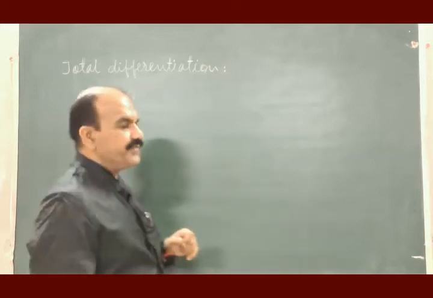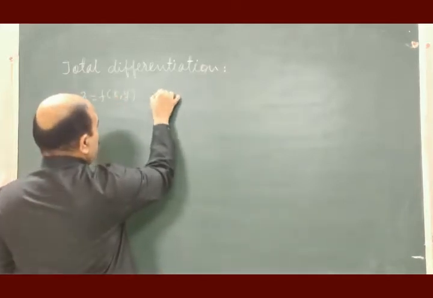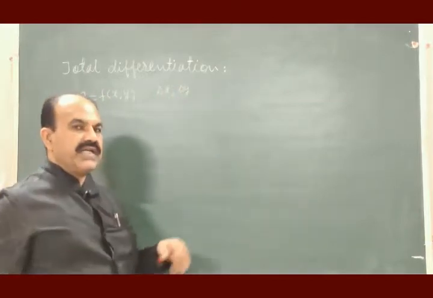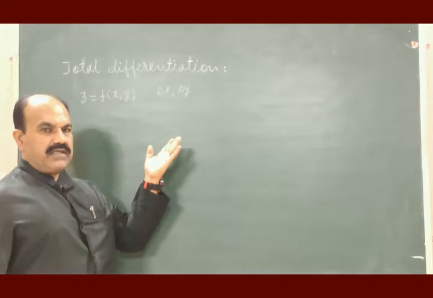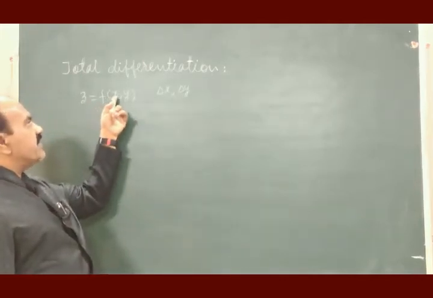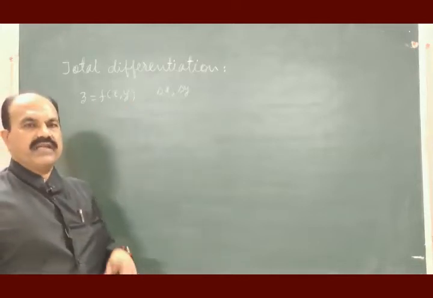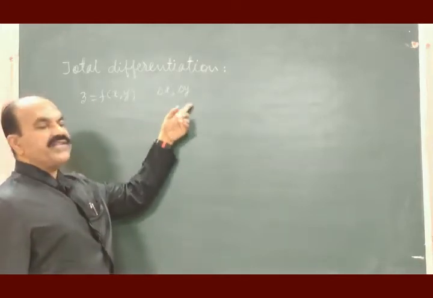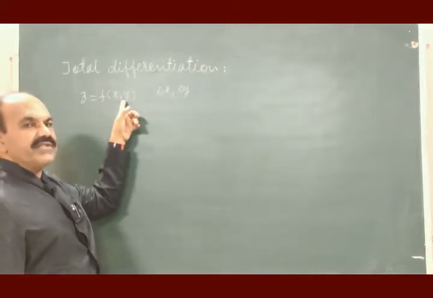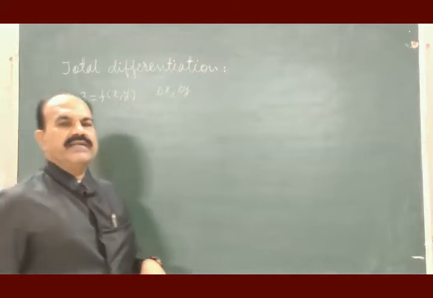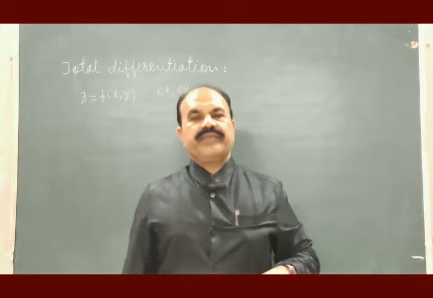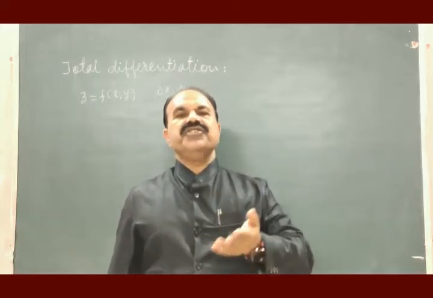Let us suppose that delta x and delta y are infinitesimal increments in variables x and y. As delta x and delta y are increments in x and y, there will be change in the value of z.